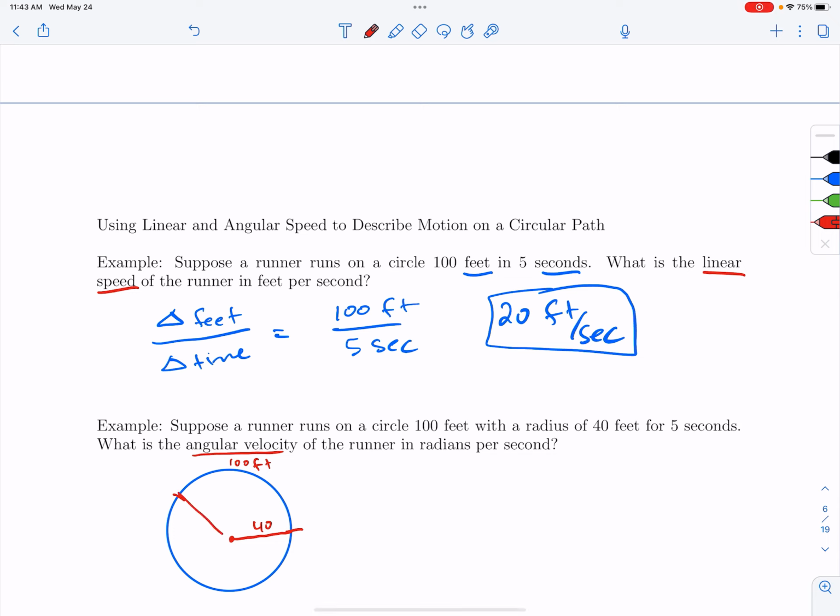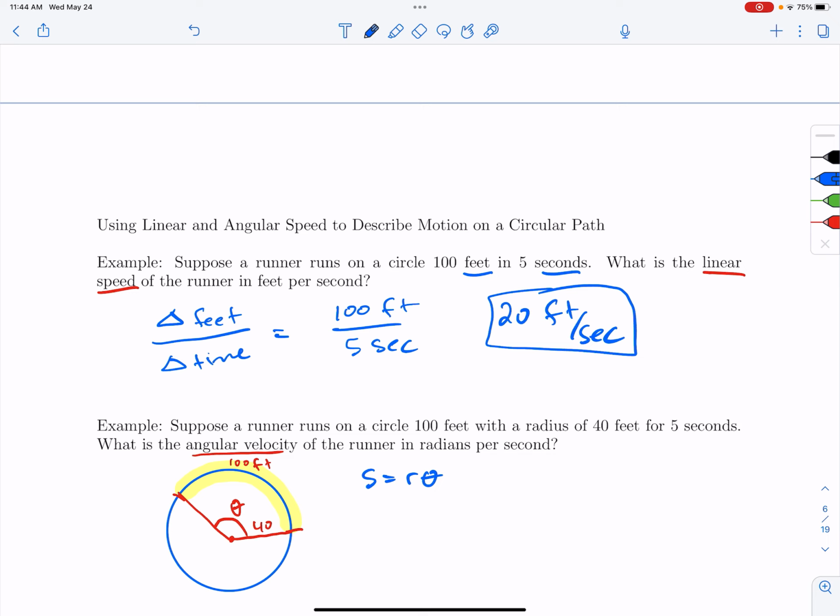So for angular speed, we want to know what is the angle that this runner passed through as they run along this path. What is the angle change that has happened over 5 seconds? What we can do is recall our arc length formula. The arc length is equal to the radius times that central angle theta.